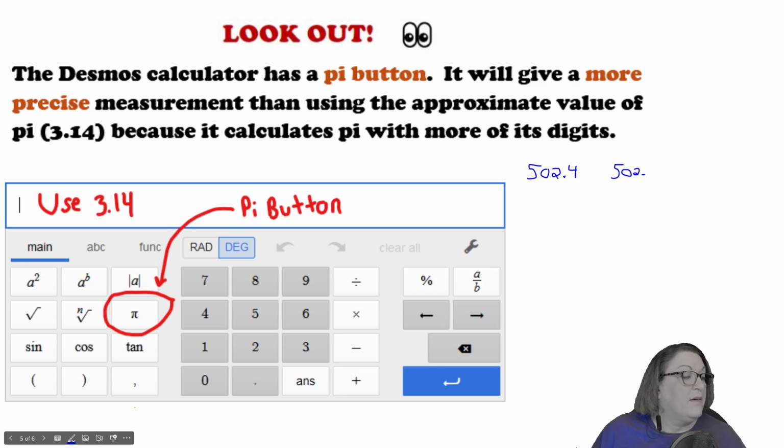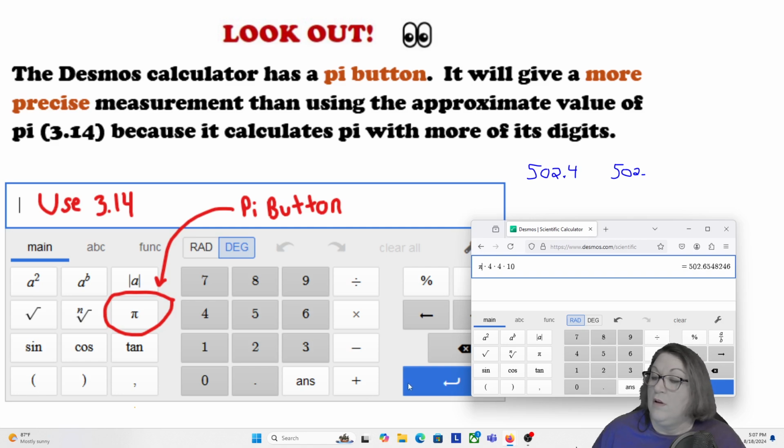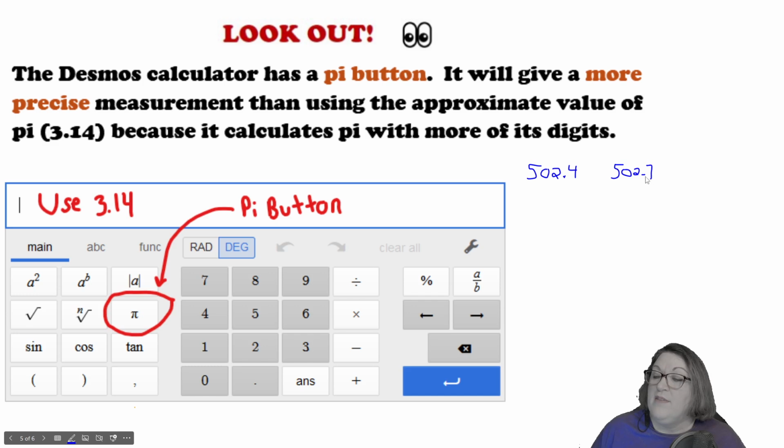Let me put that back. See, if you round it up, because this is a 5, you would have to round that 6 up to a 7. So 502.7. Now, as you can see, it's still very, very close to what we got when we used 3.14, but it's just slightly off.